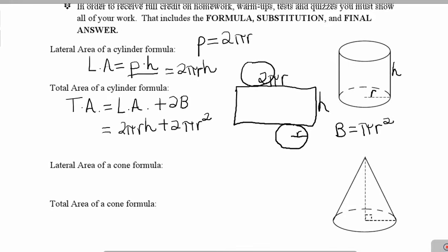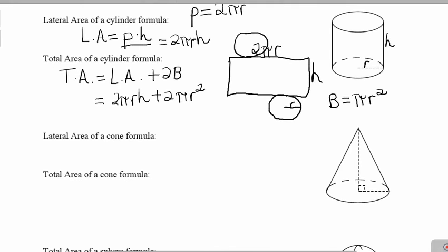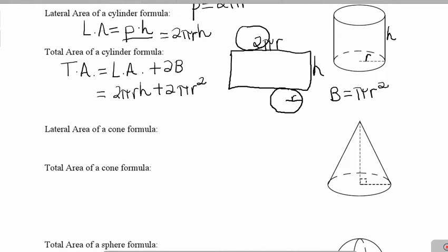Now the next circular solid that we will be discussing is a cone. For a cone, again, there is a circular base, and we'll call that the radius. The slanted side, we know that that vocabulary word is the slant height. We usually use a cursive l to represent that. And then this is the height of our cone. So a cone is similar to a pyramid that we've discussed because it contains only one base.